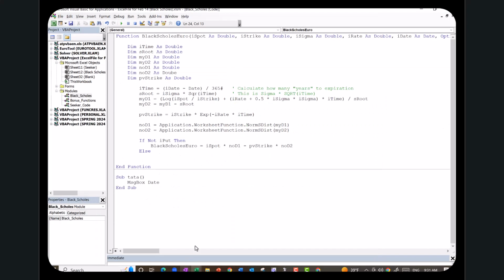So here's what I'm going to do: Nd1 equals 1 minus Nd1. Oh, thank you. Yeah, that would have created an issue for me.